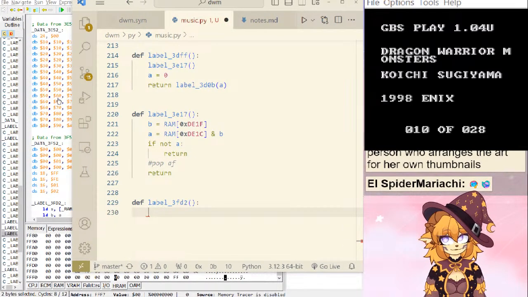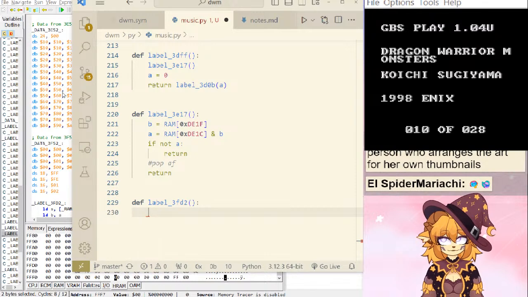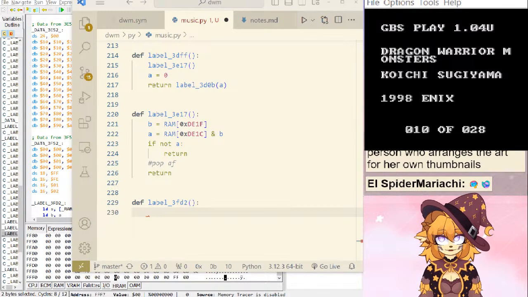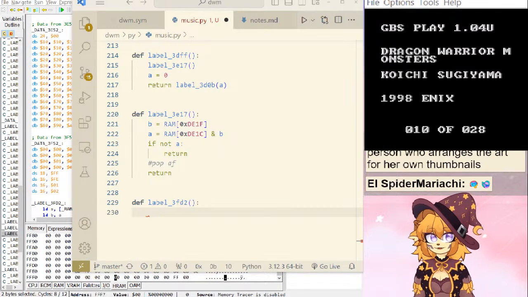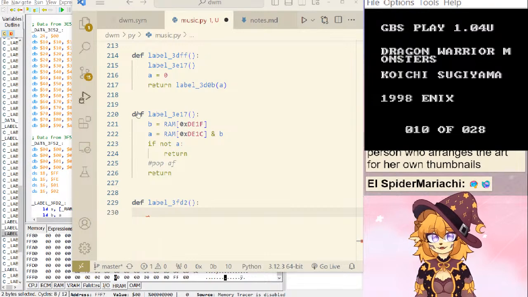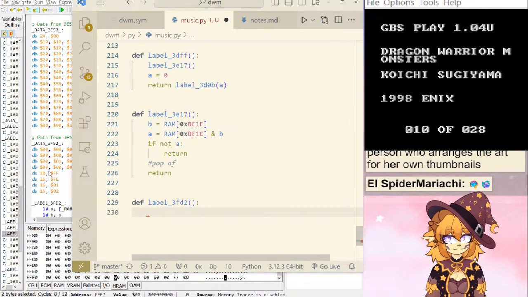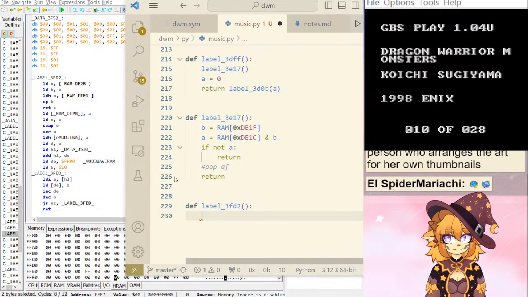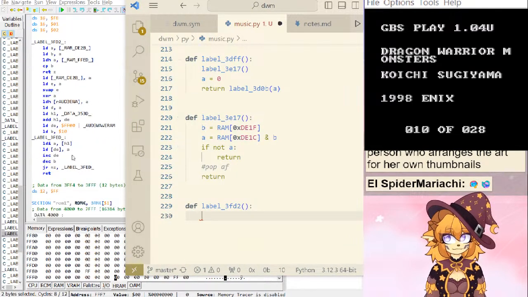3FD2. I like those emojis. Are those built in? Oh, they are. Oh.